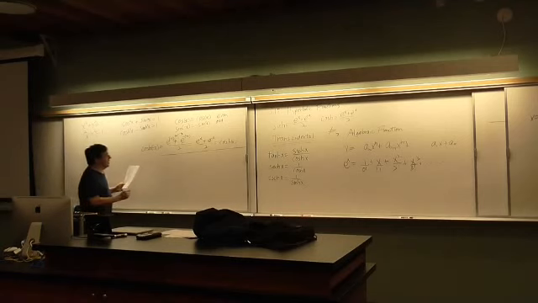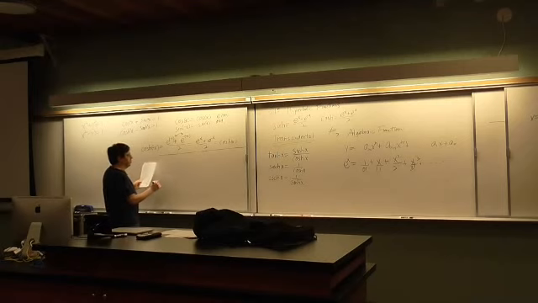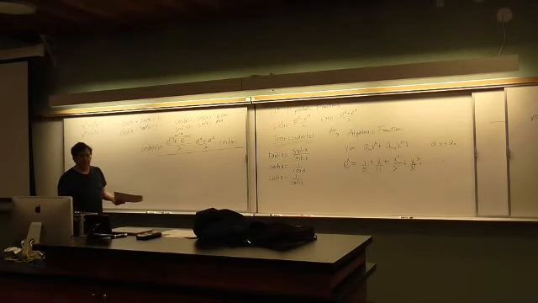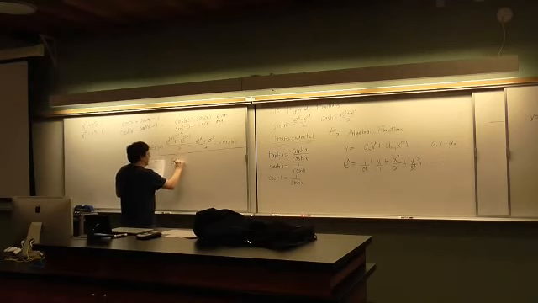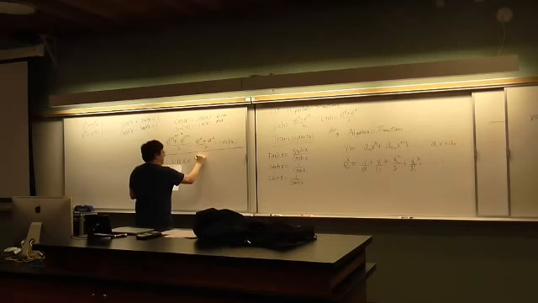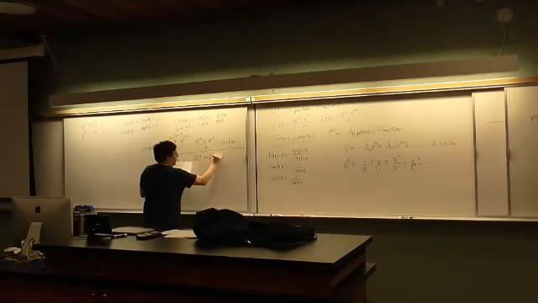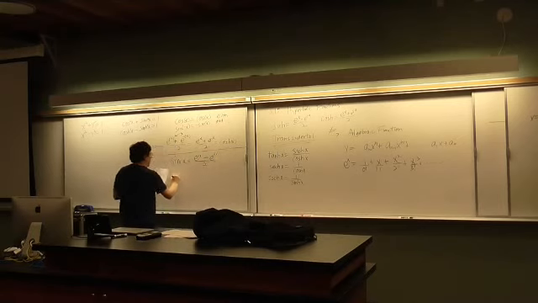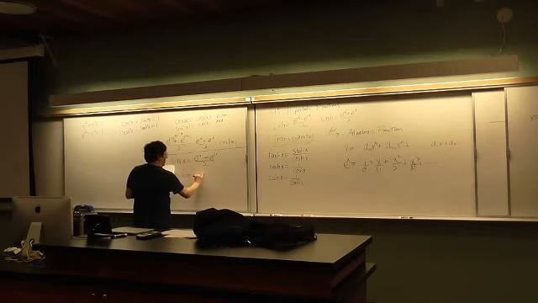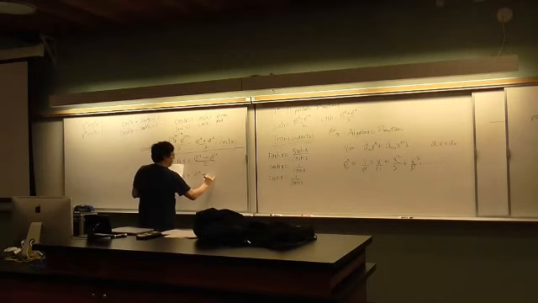Well, it turns out that if you're willing to jump into the complex plane and learn some complex algebra, you can find that the sine of x can be defined as e to the ix minus e to the minus ix over 2i. And the cosine is equal to e to the ix plus e to the minus ix over 2.